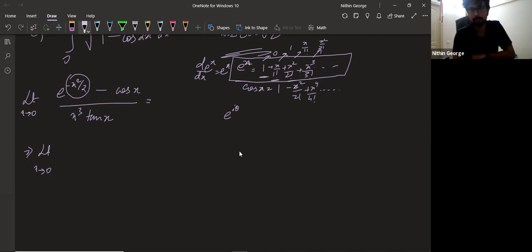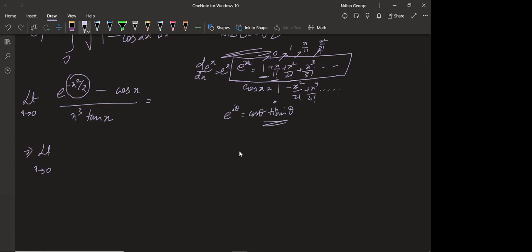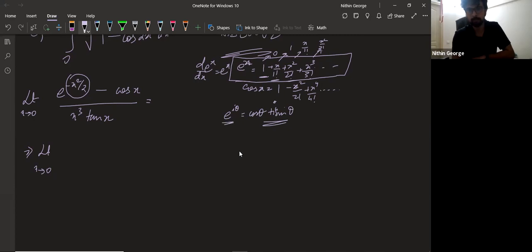Now, cos x. Like e power i theta is cos theta plus i sin theta, complex numbers. Yes, sir. So here I wanted to write the expansion of e power i theta. It becomes 1 plus i theta by 1 factorial plus i theta squared by 2 factorial plus i theta cubed by 3 factorial plus i theta power 4 by 4 factorial and so on.